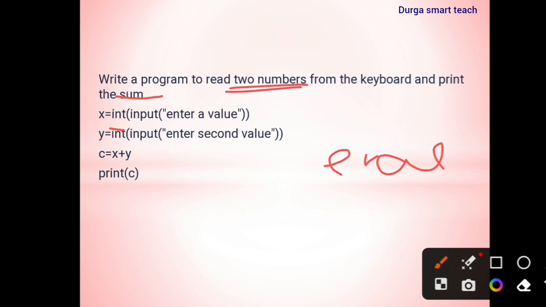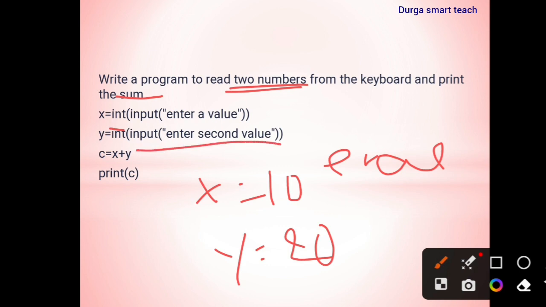For suppose the user gave x value 10, and next y value 20. C is equals to x plus y, 10 plus 20, that is 30. Next you can print the value of C, and 30 will be displayed. In this way you can perform it.